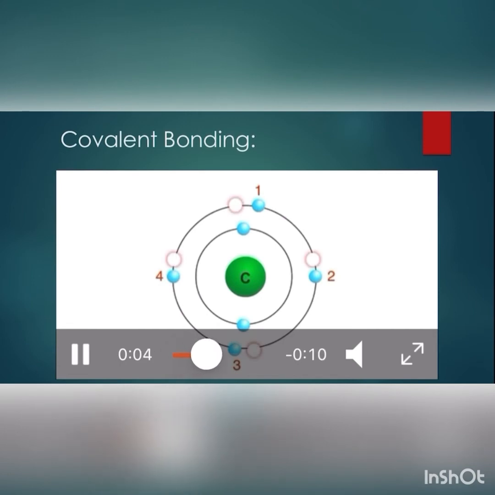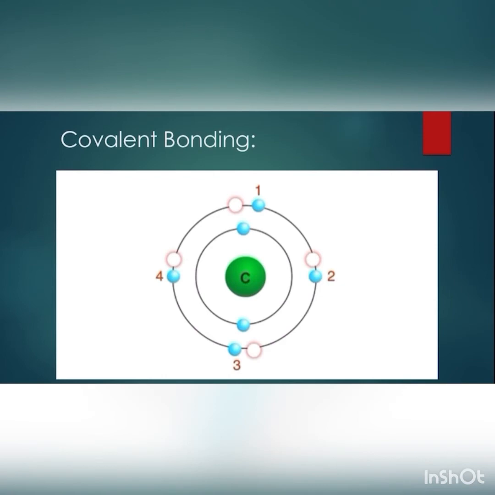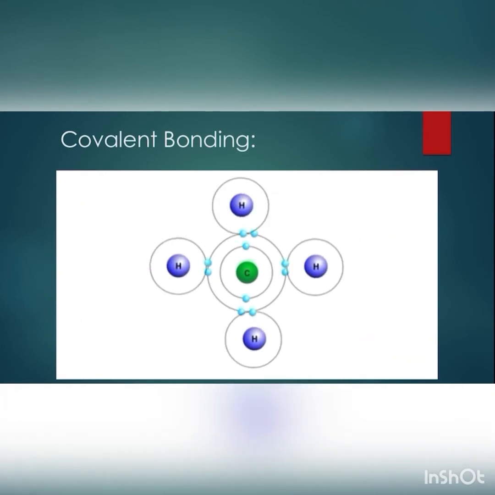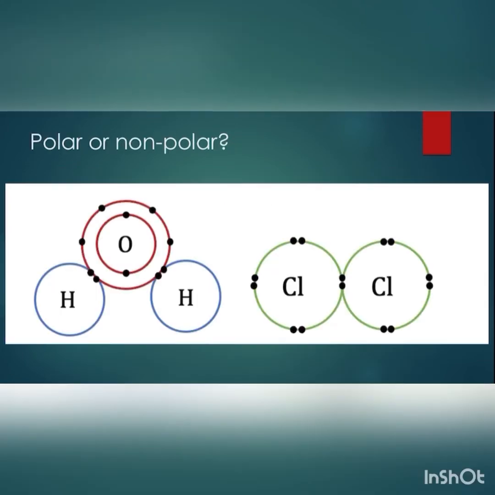Carbon has 4 electrons in its outermost energy level, so it needs 4 more electrons so it can be stable. So we have 4 hydrogen atoms attached to it, and now it has 8 in the outermost energy level.